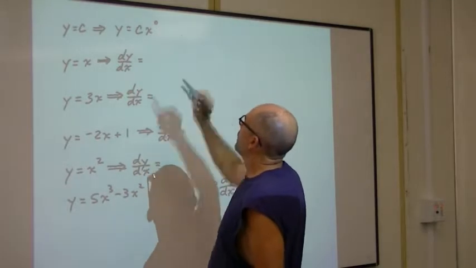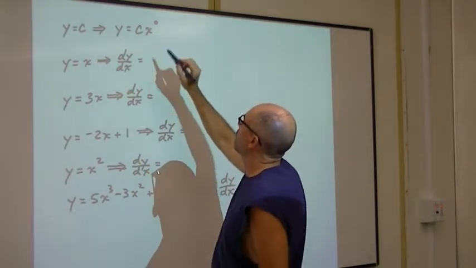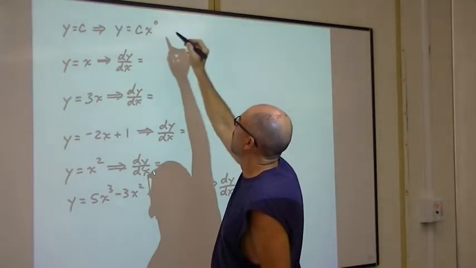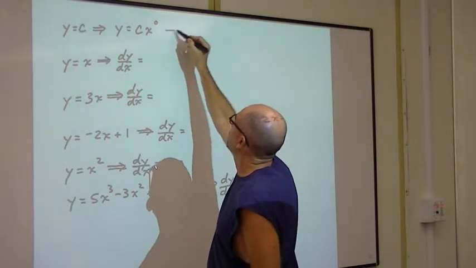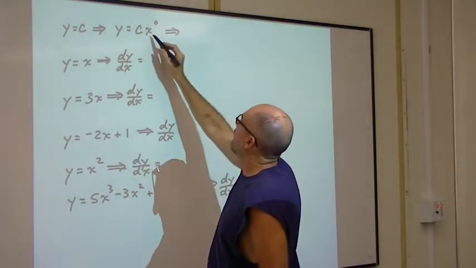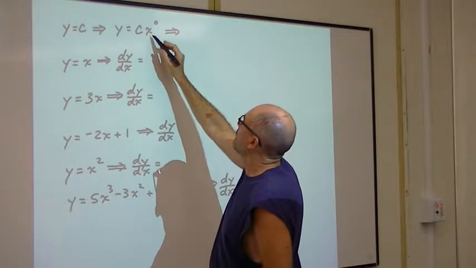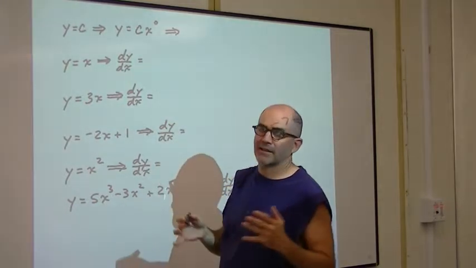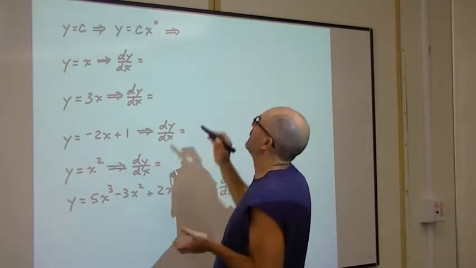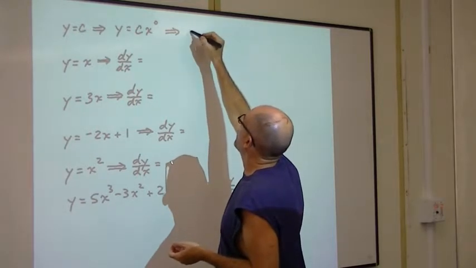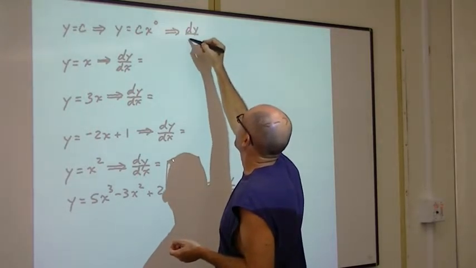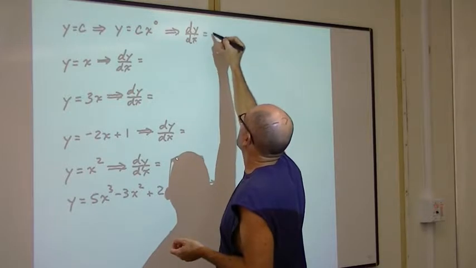So what we do is we bring our 0 down in front, so it's 0 times c, which is 0, and then it's 0, we don't care what c is. So we end up with dy dx equals 0.